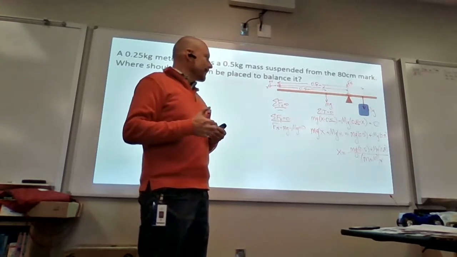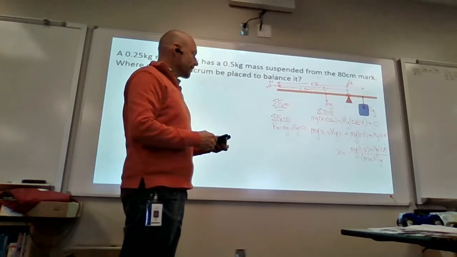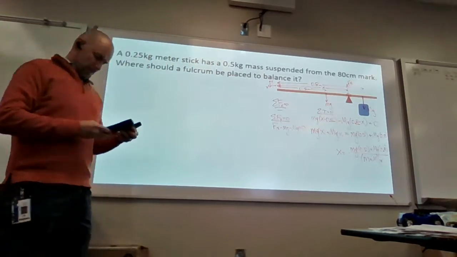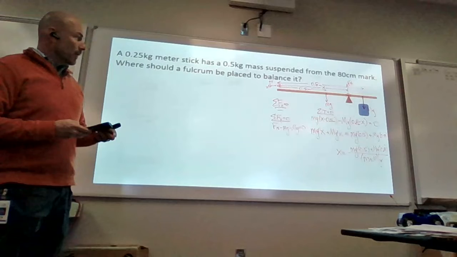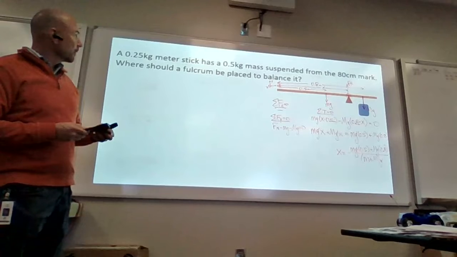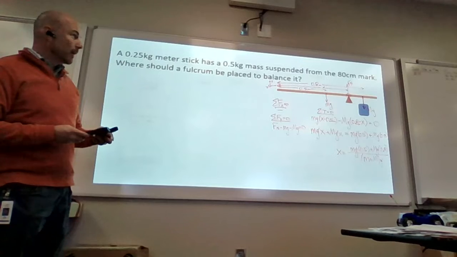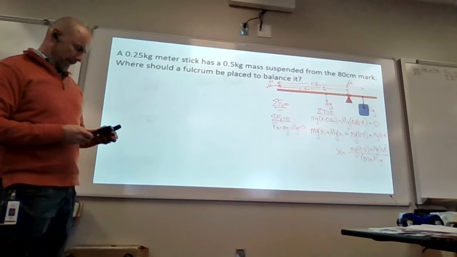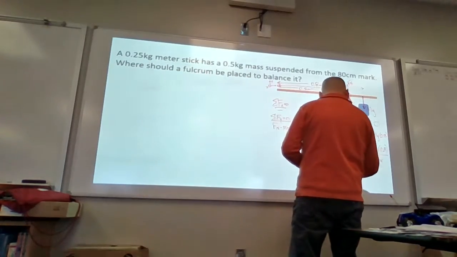Okay, and then we get, proof of concept, 0.25 times 0.5 plus 0.5 times 0.8 divided by 0.75. I got 0.7. Anybody want to validate that one?